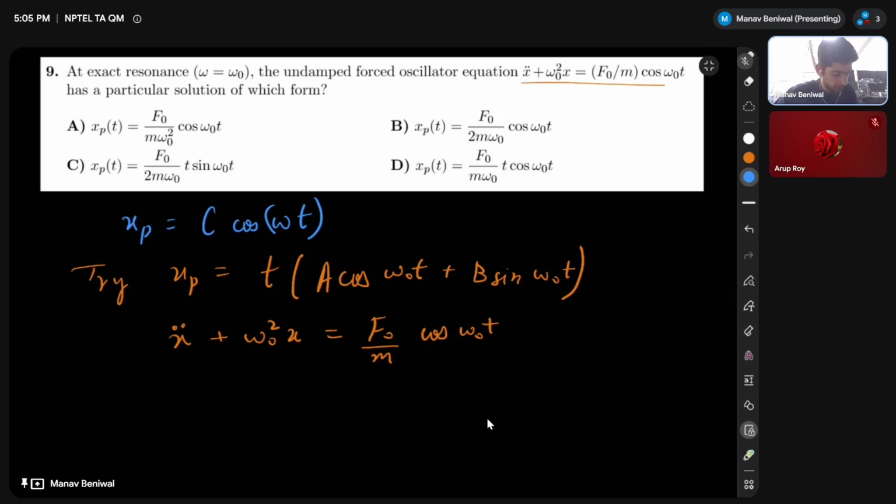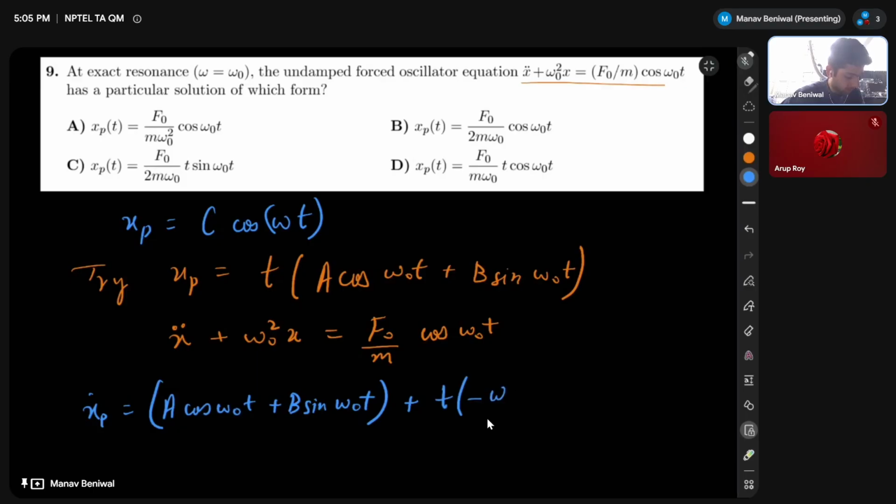So xp dot gives you a cos omega naught t plus b sine omega naught t, plus t times minus omega naught a sine omega naught t plus omega naught b cos omega naught t.